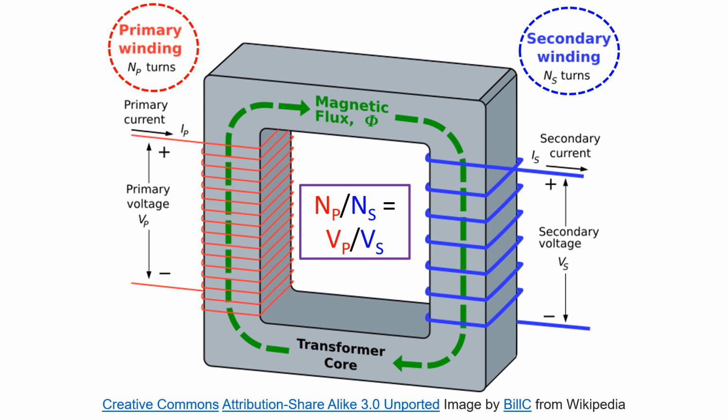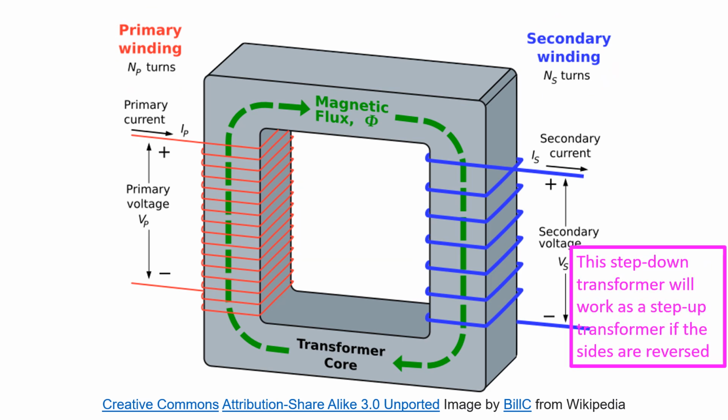If you want to step up the voltage, it will be connected the other way around. If a lower voltage is given to the secondary winding of this transformer, you will get a higher voltage in the primary winding. But actually, if you connect that way, you cannot call it as primary and secondary.